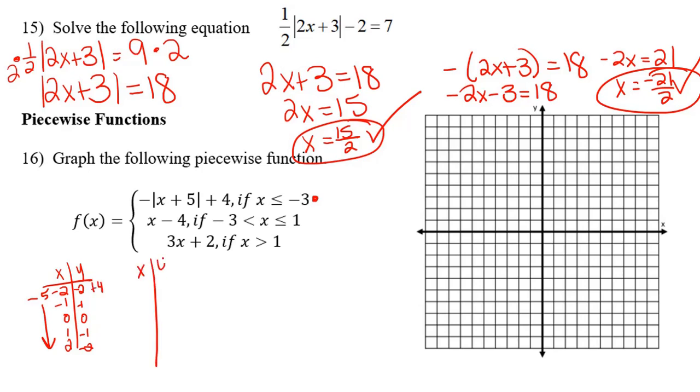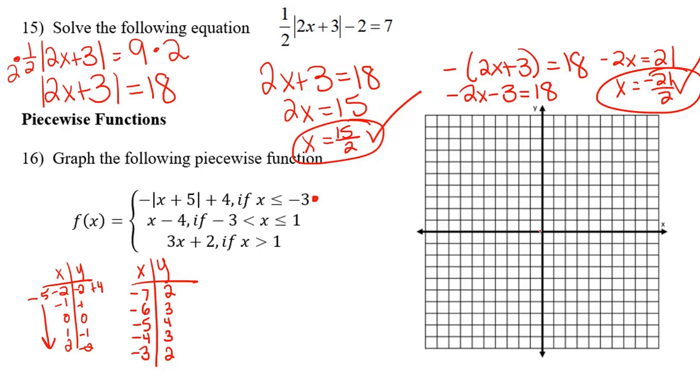So my parent table here is -7, -6, -5, -4, and -3. And 2, 3, 4, 3, and 2, it looks like would be my y values. So I'm going to graph this v with the dots.